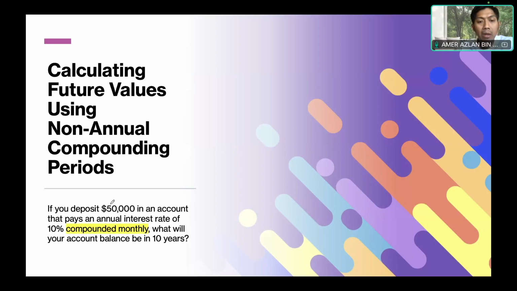If you deposit 50,000 in an account that pays an interest of 10% annually, however, the interest is compounded monthly, what will your account balance be in 10 years' time? So if we draw a timeline here, in 10 years, what's going to be the future value if today you deposit 50,000 and the interest of 10% is compounded monthly?